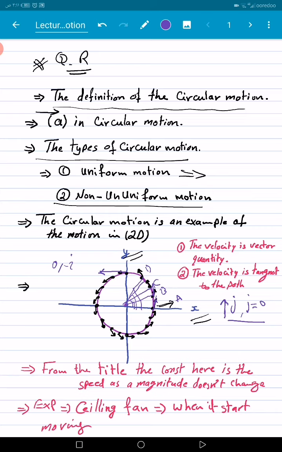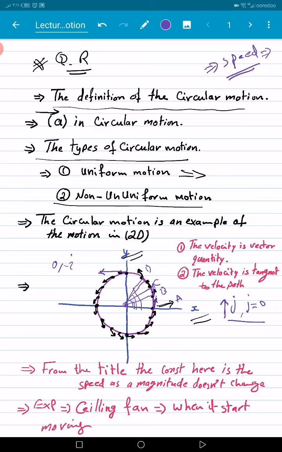What's the meaning of uniform? Uniform means something is constant. What is constant? It is the speed as a magnitude. So be careful. What variable is constant? It is the speed, the speed as a magnitude.